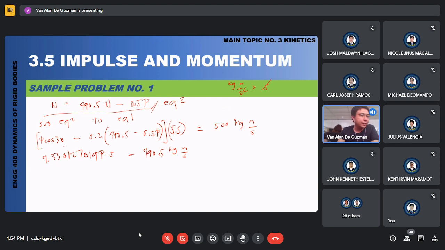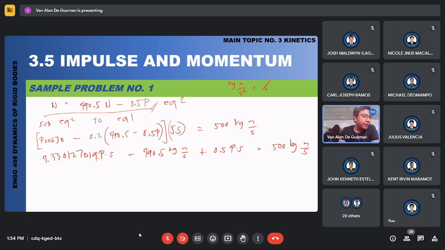Okay? Lastly, this one. Plus 0.2 times 0.5 times 5. So we have 0.5 P in seconds. Its unit is in seconds. It's equal to 500 kilogram meter per second. So what do we do there? Combine similar terms.